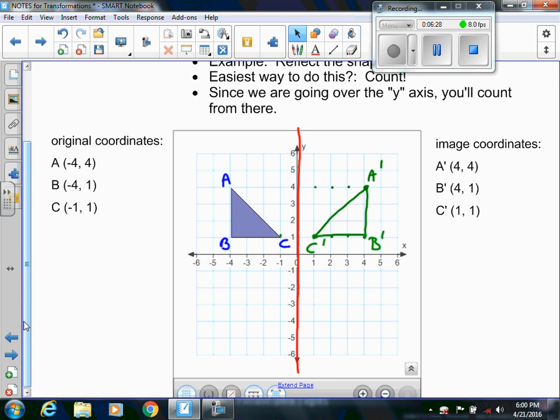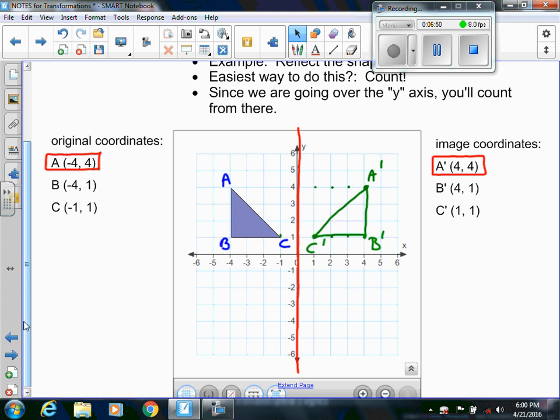So again, the question is, what do you think the rule is for what happened to flip this, so to speak? It's a flip, or a reflection. What is my rule that changed my coordinates for A of -4, 4 to my new coordinates for A prime of 4, 4?